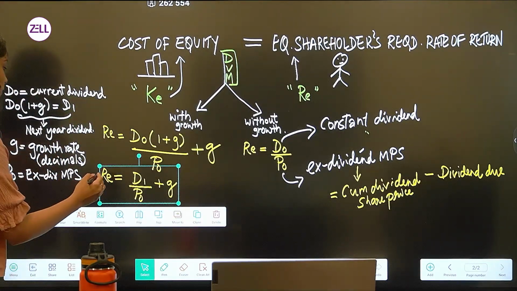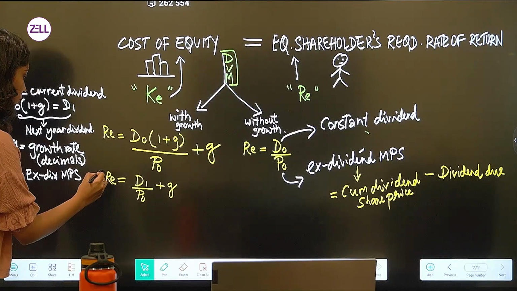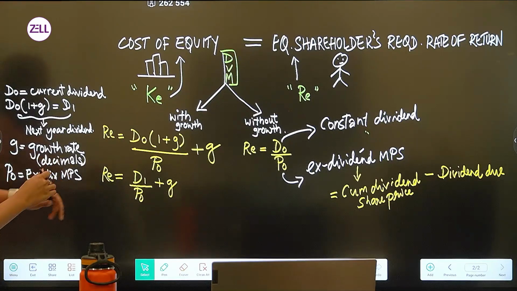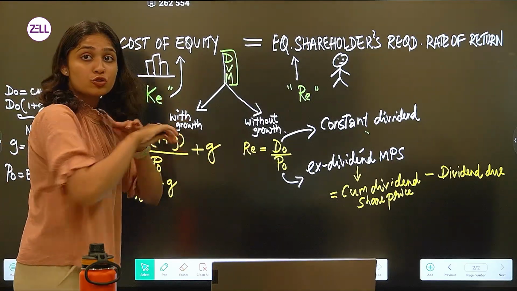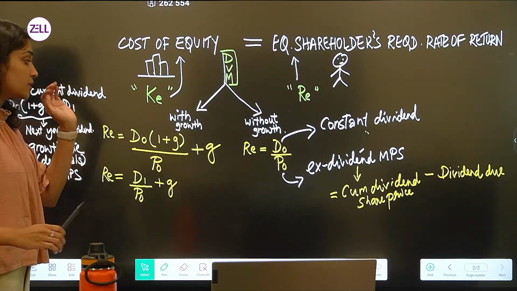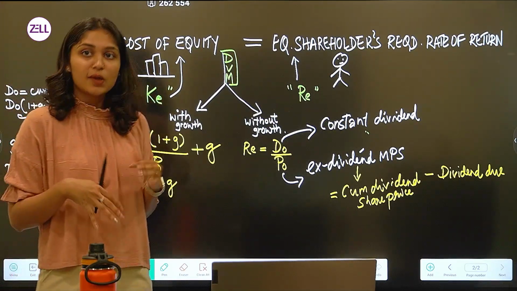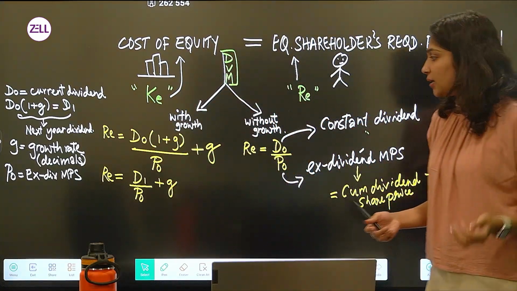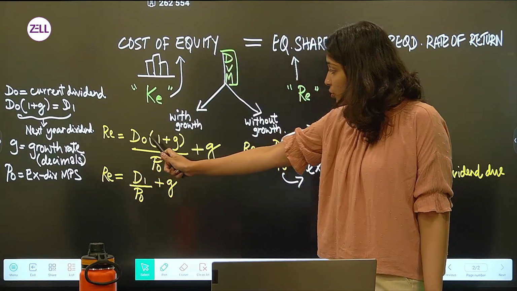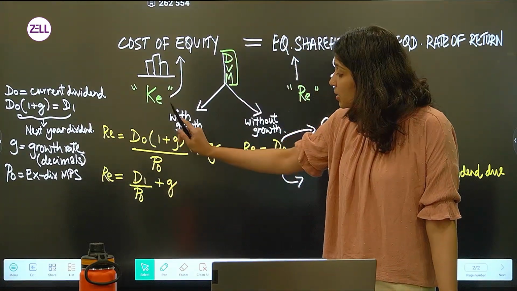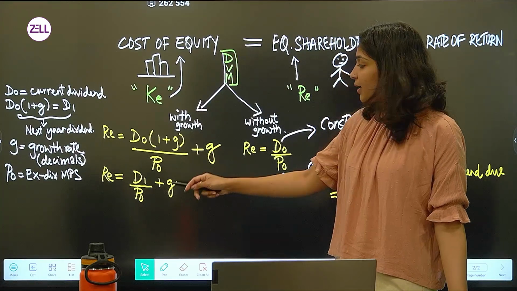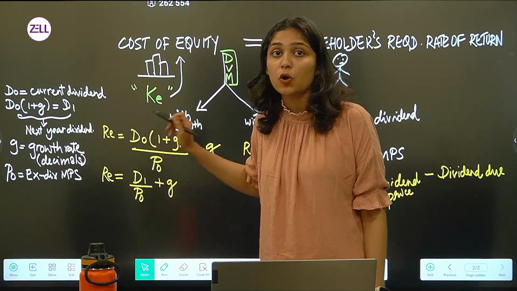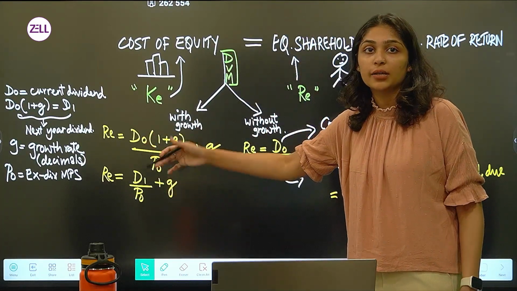Okay. So now, if you observe this, in this particular formula, there was no growth. And over here, there is growth. That means, as an equity shareholder, we expect growth in both. We expect growth in our dividends also, and we expect growth in our share price also. And that is why you should be careful in the question whether they have given you the current dividend or the next year's dividend.